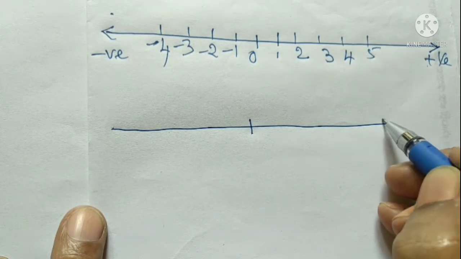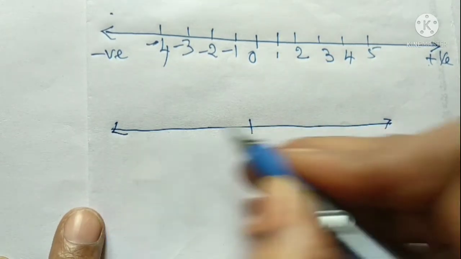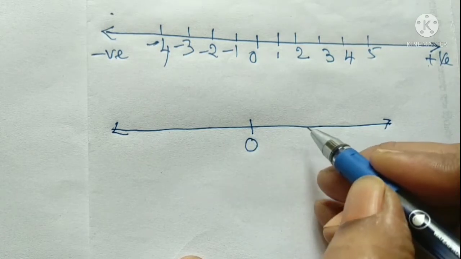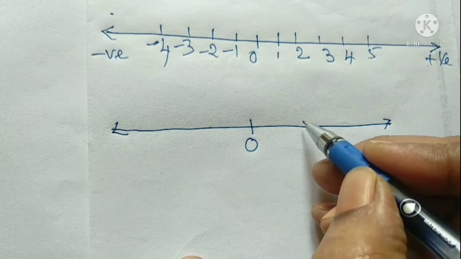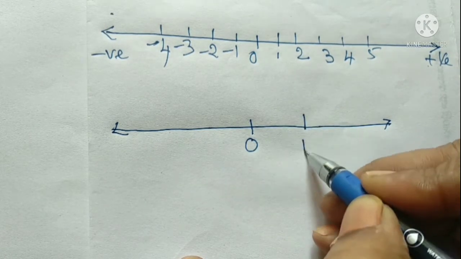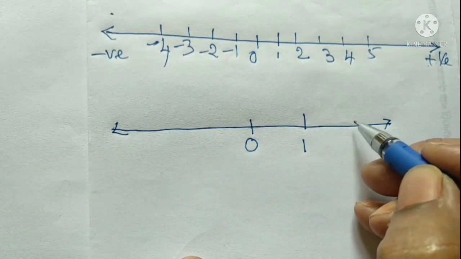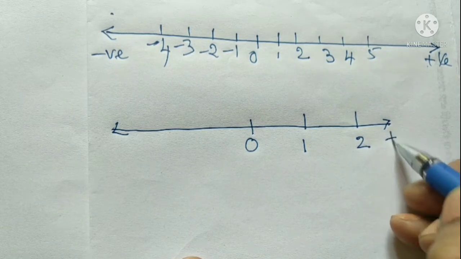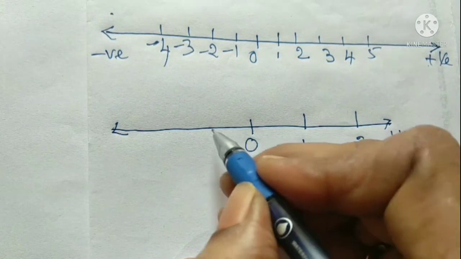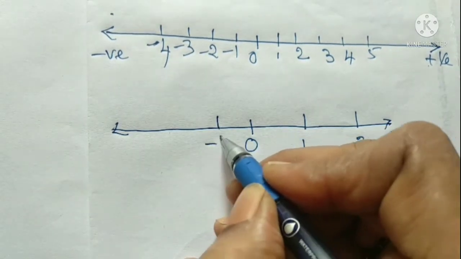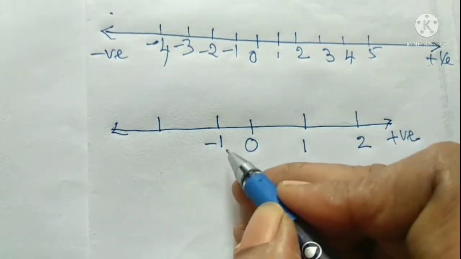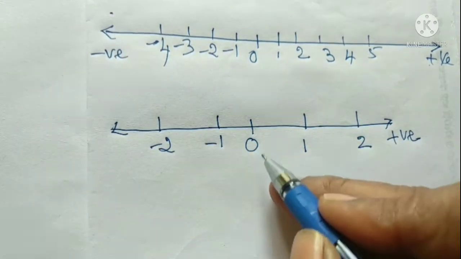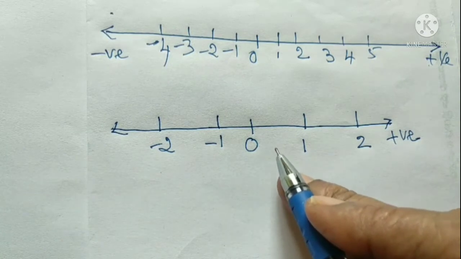Some numbers you can observe on the number line, the 0 is here. In between 0 and 1 or between 1 and 2 on the positive side, or on the negative side between 0 and -1 or between -1 and -2, there may be some other numbers.